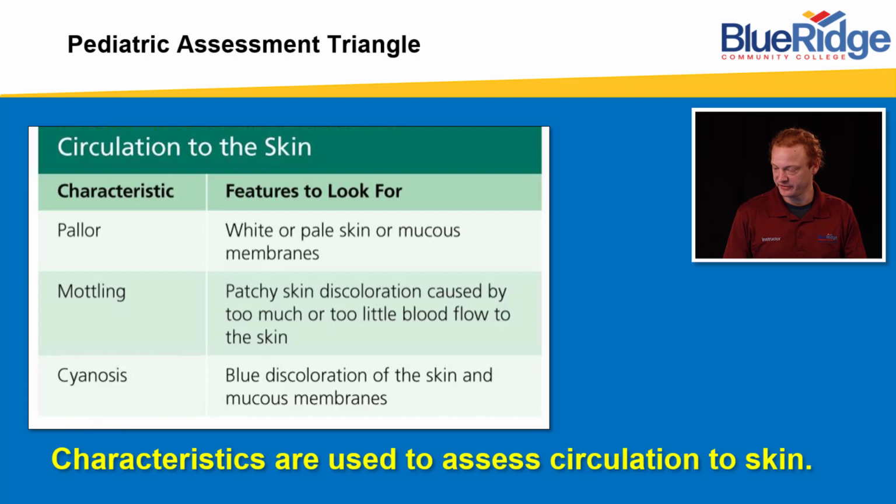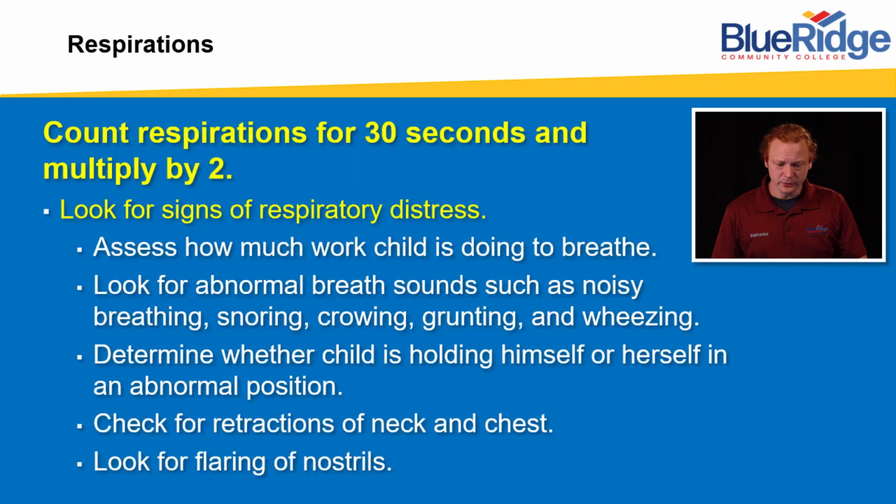The pediatric assessment triangle should be used with other parts of the patient assessment sequence, not as a freestanding assessment tool, but in conjunction with the rest of your vital assessments. To calculate the respiratory rate of a child, you should count respirations for at least 30 seconds, and then multiply that by 2.